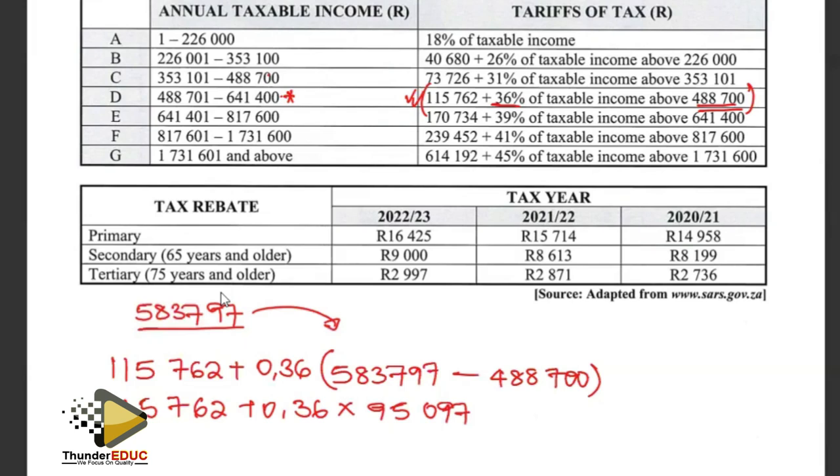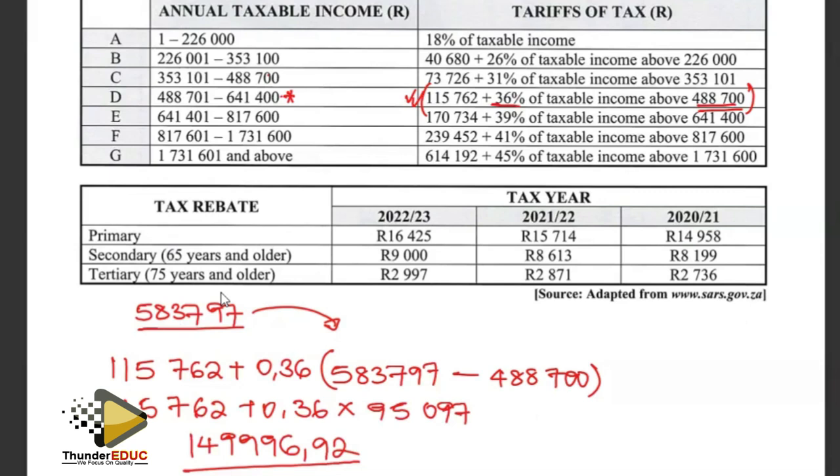Put everything in a calculator now. 115,762 plus 36% into brackets 583,797 minus 488,700. Indeed, you end up having 149,996 and 92.